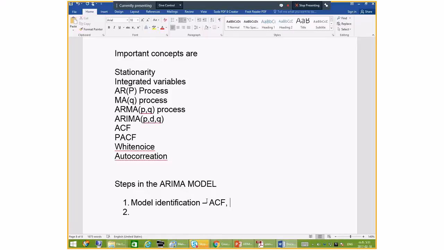First check if the autocorrelation function cuts off fairly quickly or dies down fairly quickly, then the time series data are stationary. If the autocorrelation function dies down extremely slowly, then the series is non-stationary.